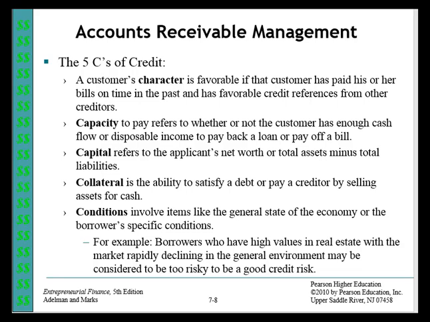So, borrowers that have high values in real estate, with the market that was declining fairly rapidly just 5 or 6 years ago, may be considered too risky. So maybe based on their condition, their assets, their collateral, etc., those types of customers may not be offered the same credit arrangements that a more financially secure person would be, based on the 5 C's.